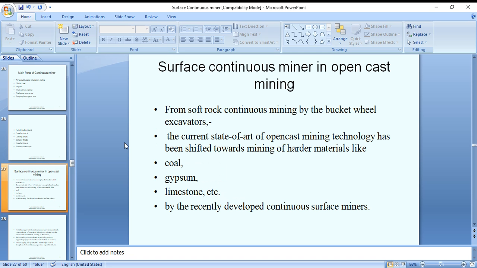Surface continuous miner in open cast mining, from soft rock continuous mining by bucket wheel excavator. The current state of the art of open cast mine technology has shifted towards mining harder minerals like coal, gypsum, limestone, etc., through the recent development of continuous surface miners.